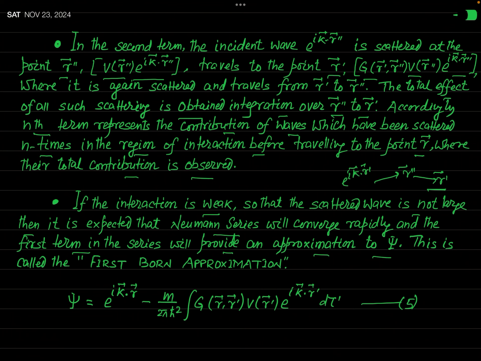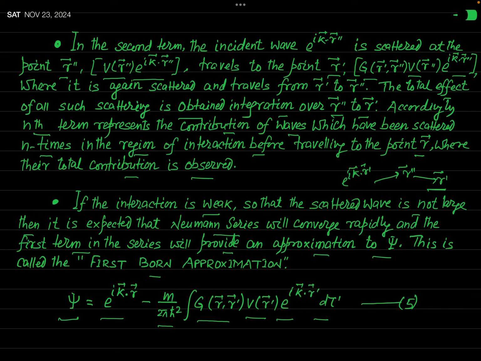This approximation is called the First Born Approximation. So in the First Born Approximation, the expression for psi will be e to the power i k dot r minus m over 2 pi h bar square times the integral of G of r comma r dash V of r dash e to the power i k dot r dash d gamma dash.